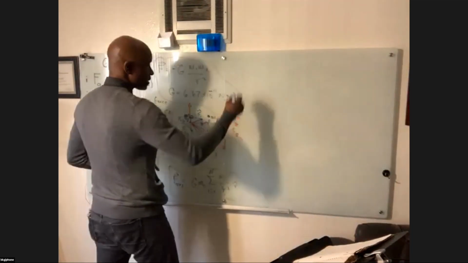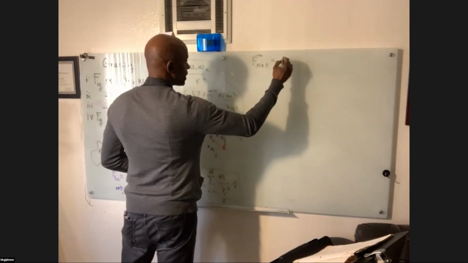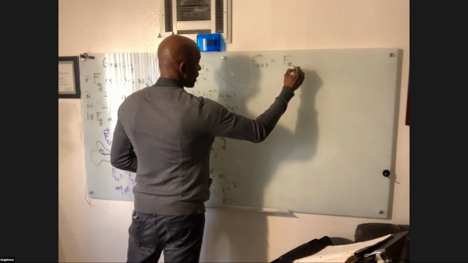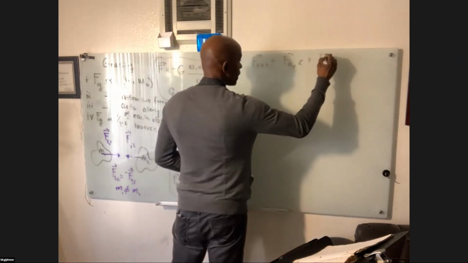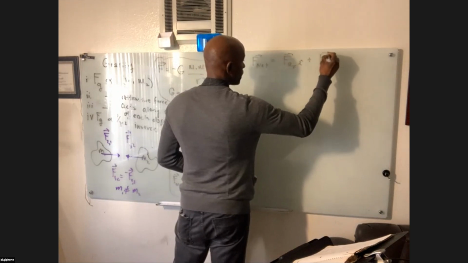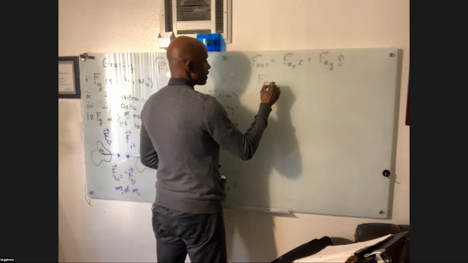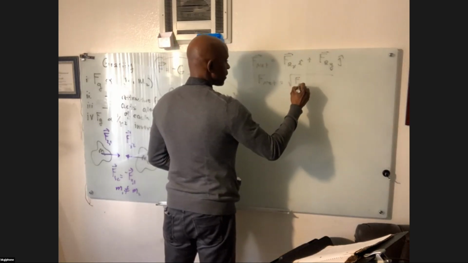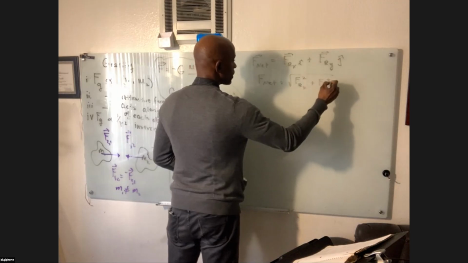That is, in 2 dimensions, F net is going to be equal to FRx i plus FRy j. The magnitude F net then is going to be equal to the square root of FRx squared plus FRy squared.